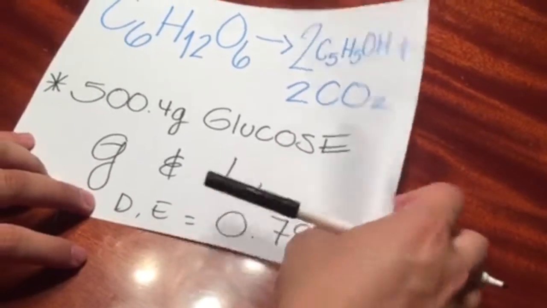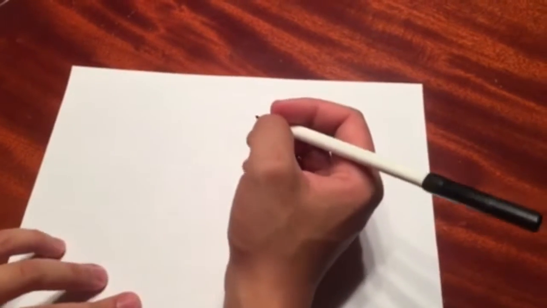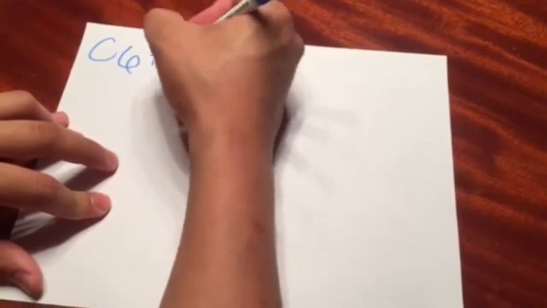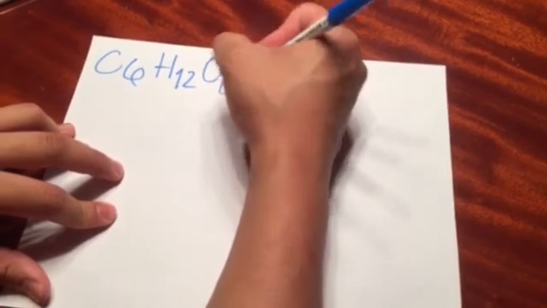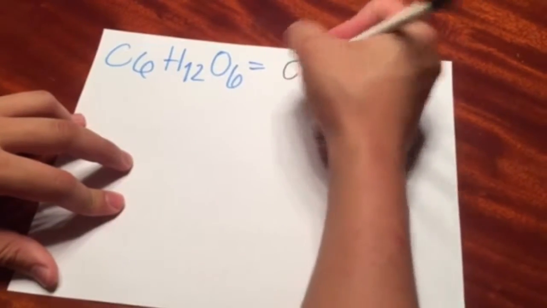So we have a really long process, but we can do it. First, you have to take the molecular mass for both ethanol and glucose. For the first one it would be carbon 6, hydrogen 12, oxygen 6. You're already here, so we're going to do it fast.